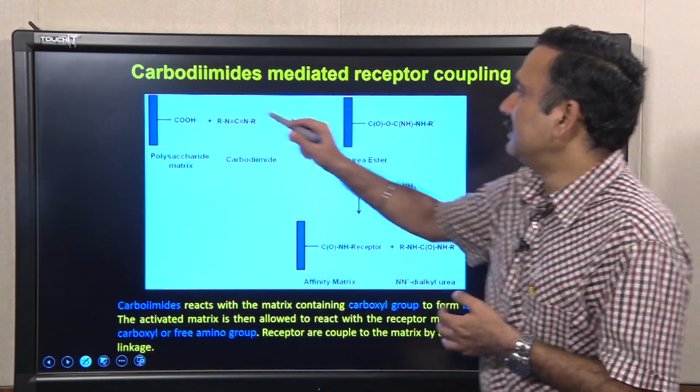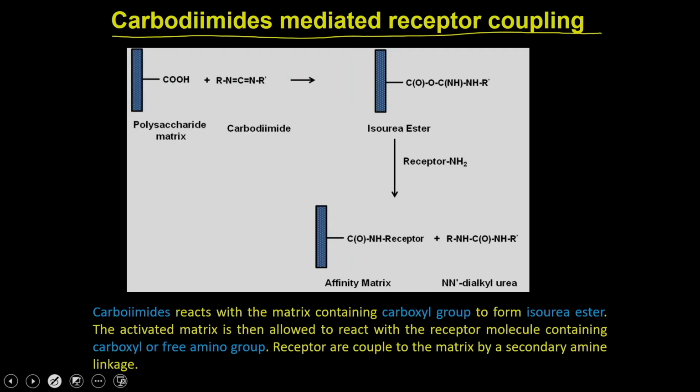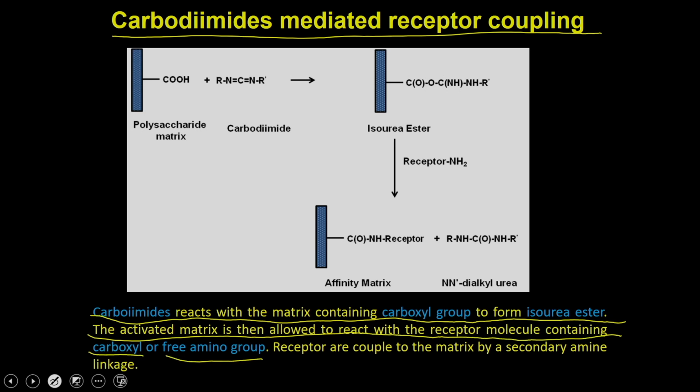The second is the carbodiimide mediated receptor coupling. In the carbodiimide mediated receptor coupling, the carbodiimide reacts with the matrix containing the carboxyl group to form the isourea ester. The activated matrix is then allowed to react with the receptor molecule containing a carboxyl or free amino group.